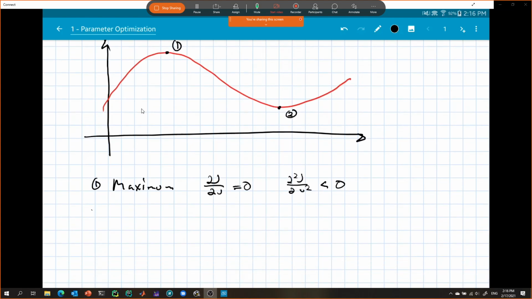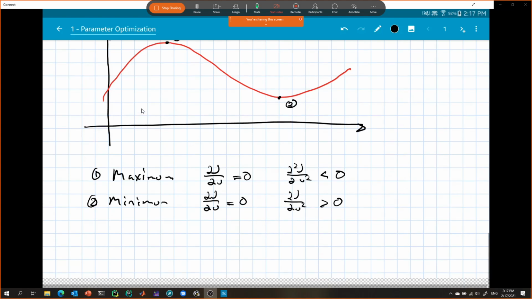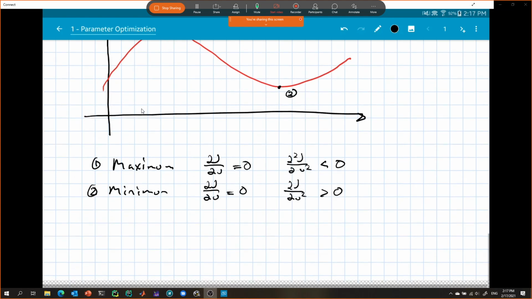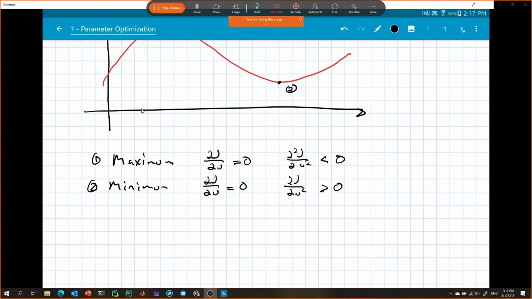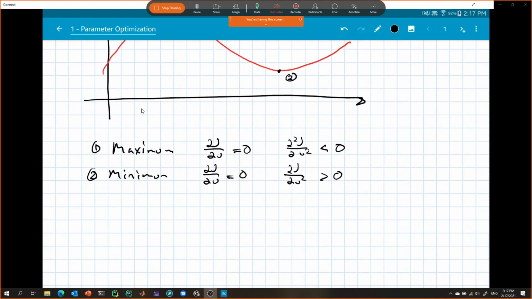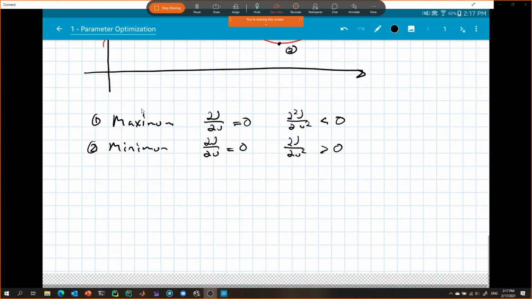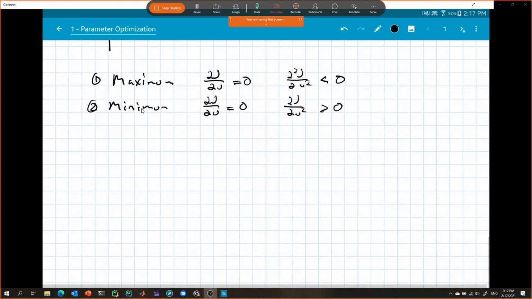And likewise, the minimum is 0, but then the second derivative is positive. For everything remaining in this course and any optimization you do with me, we only care about minimums, and that's because I think that's American. The Russians care about maximums. The problems end up being the same, it's just whether you use a minus sign or not.